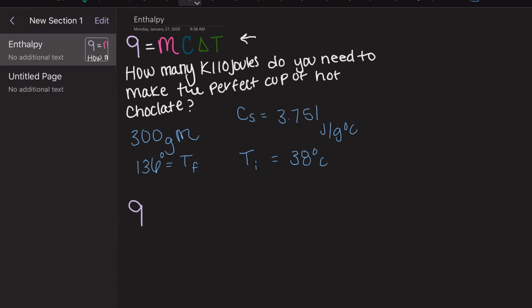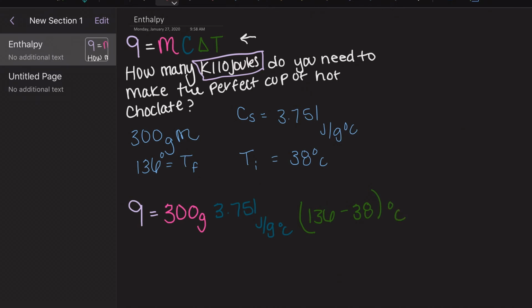Now let's do it. We're looking for Q, since they're asking for kilojoules, which is energy. And then we need the mass of 300 grams, the specific heat capacity of 3.751, and our temperature change, which is our final minus our initial.